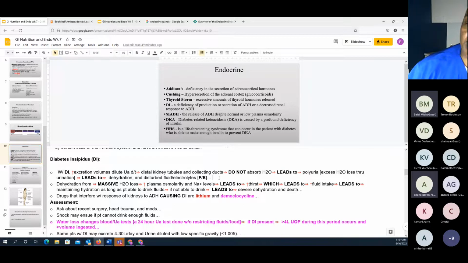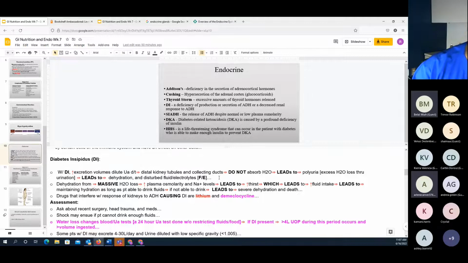Most of these patients, if they do develop a pituitary issue, it could be because of a tumor, it could be because of surgery, could be because of a head injury or something like that. So those are some of the main ones. These patients can become extremely dehydrated because they're urinating a lot. And so their internal environment becomes very concentrated or more dry.